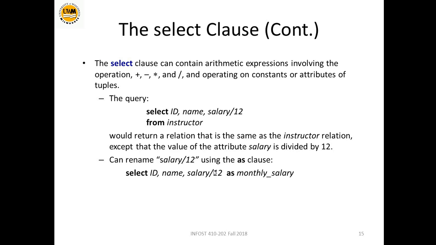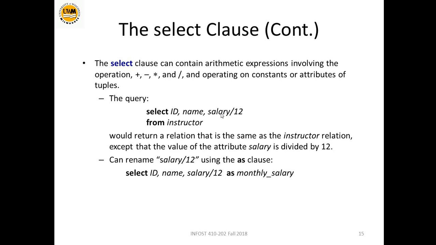With the select, we can also use arithmetic operations: plus, minus, multiplication, and division. For example, if I want to show the monthly salary, I can say select ID, name, and salary over 12 from instructor. So I'm selecting the ID and the name of the instructor, and also the monthly salary of the instructor.